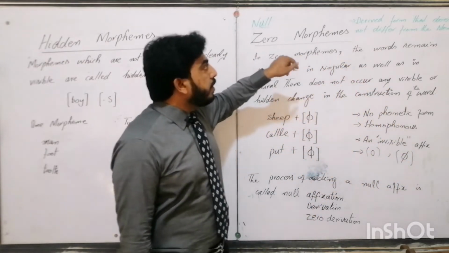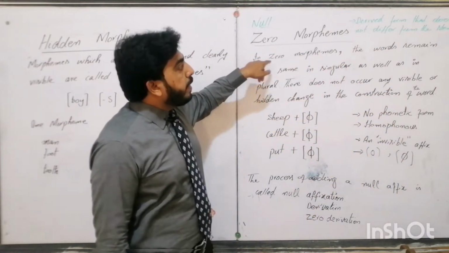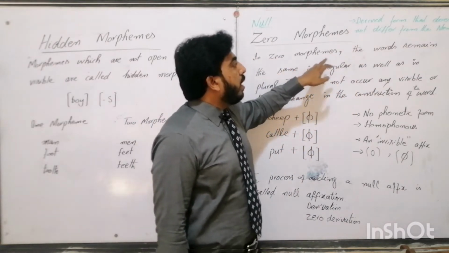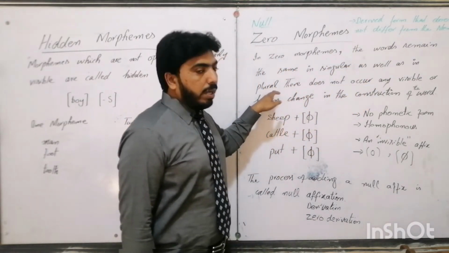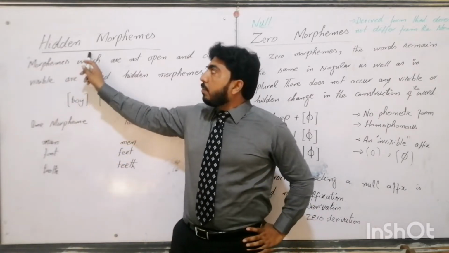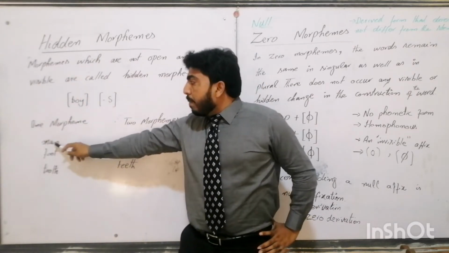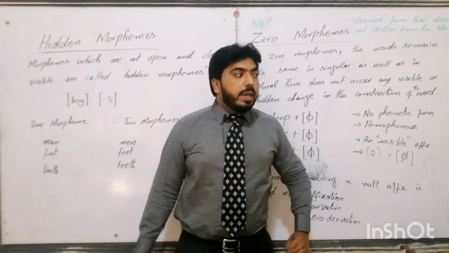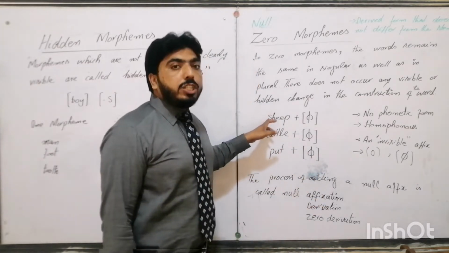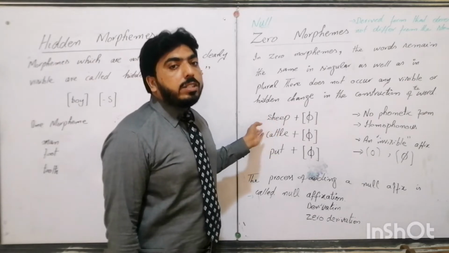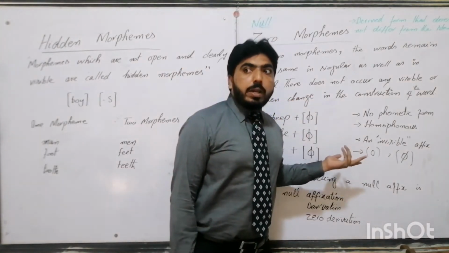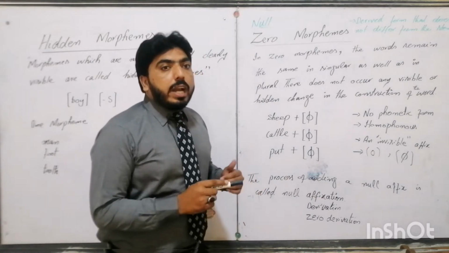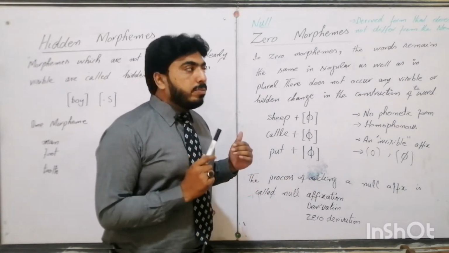First, look at the definition: in zero morphemes the words remain the same in singular as well as in plural. Look at this one, hidden form. In man and men, words do not remain the same. Here words remain the same, sheep singular and sheep plural. In the same way, there is no phonetic change, there is no apparent addition of any morpheme.